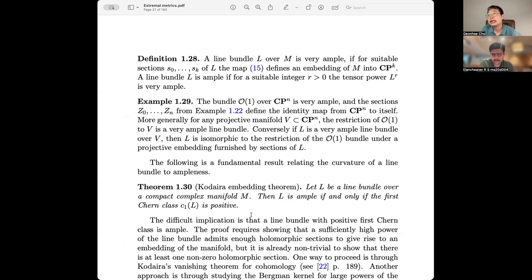For Calabi-Yau, now it is zero. This condition is now zero. So there is no guarantee to be an algebraic variety. Indeed, a Calabi-Yau manifold is in general not an algebraic variety. For complex dimension one, every compact Riemann surface is an algebraic variety, no exception.